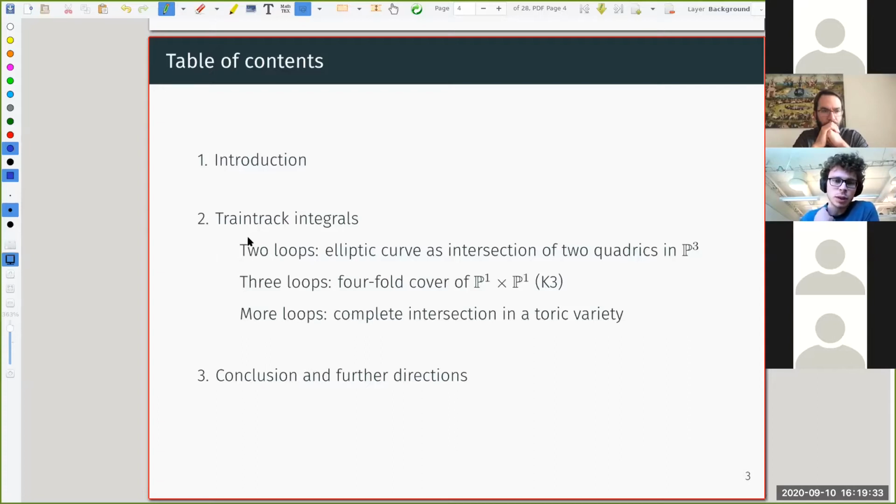And for three loops, we're going to construct some surface, and this surface will be some fourfold cover of a product of projective lines. And then I will say a bit more about higher loops, how we can always get some Calabi-Yau as a complete intersection there. Okay, and then I will conclude and give some further directions.